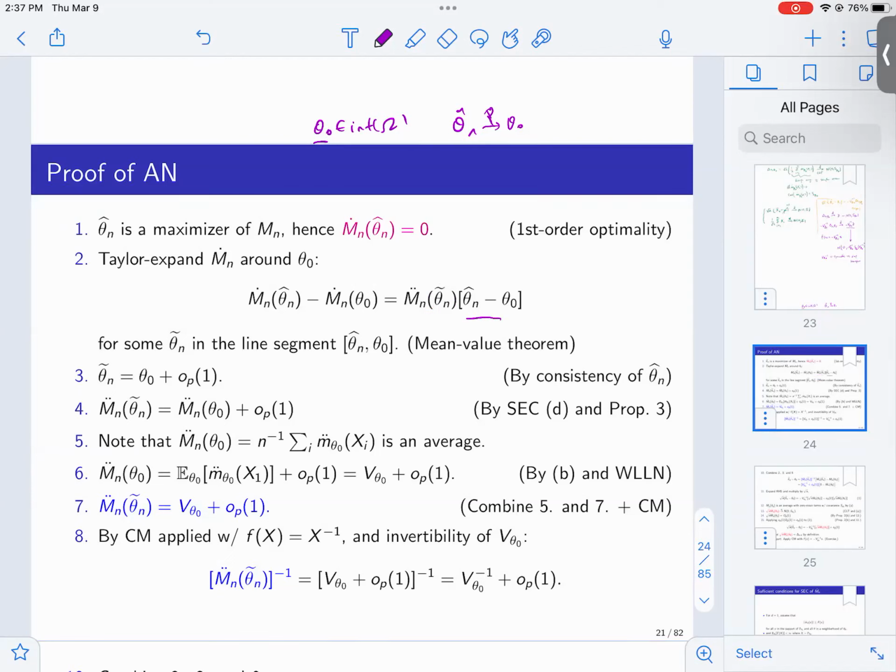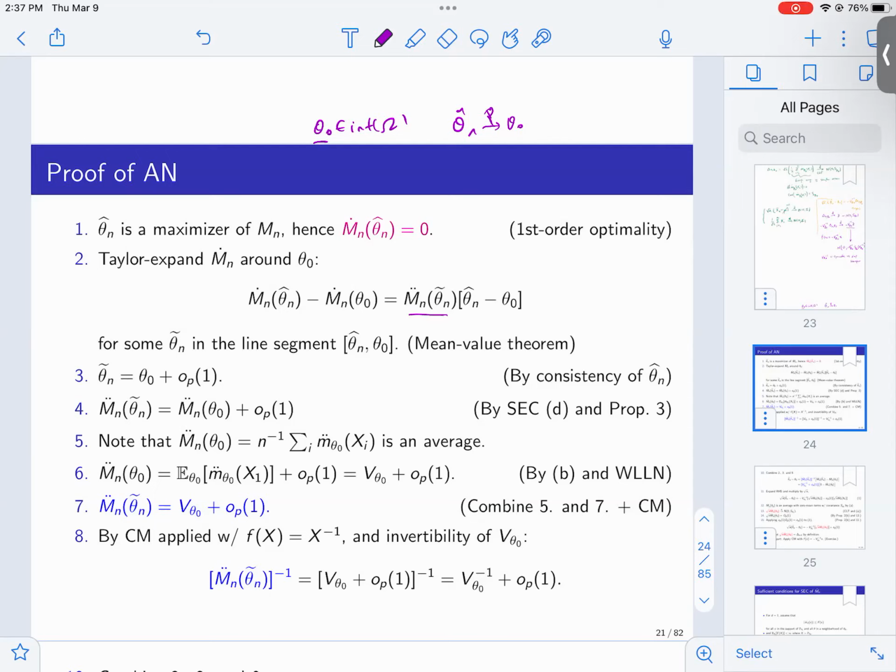This is a first order Taylor expansion, or really sort of the fundamental theorem of calculus, but it's this form of Taylor expansion nonetheless.